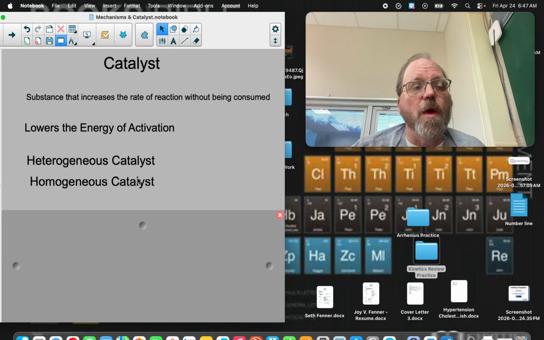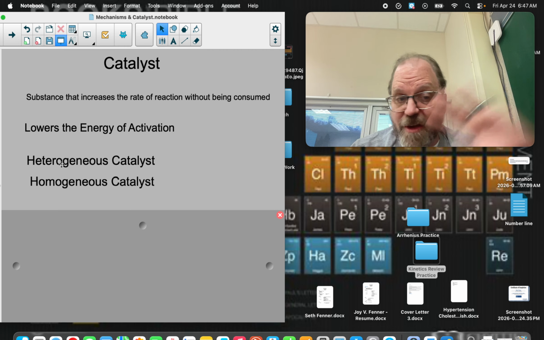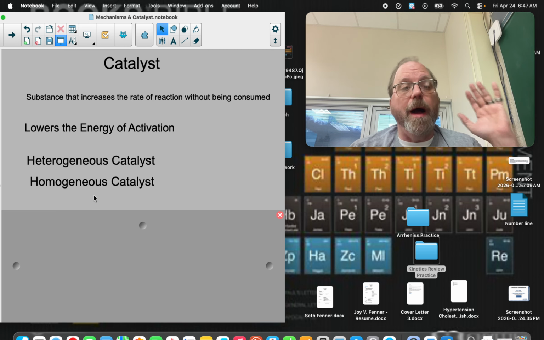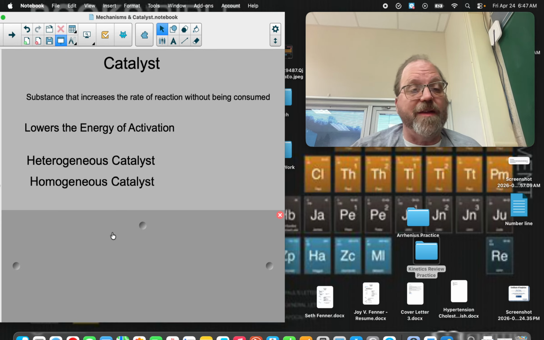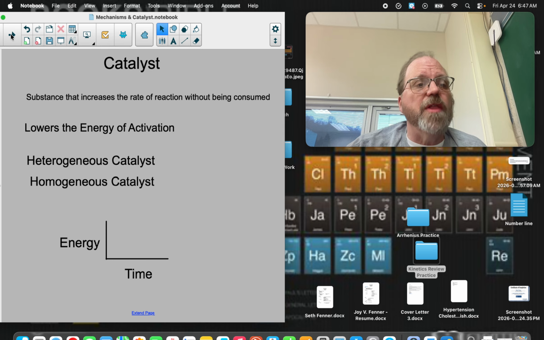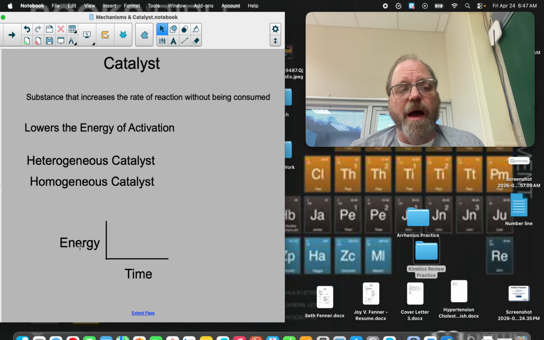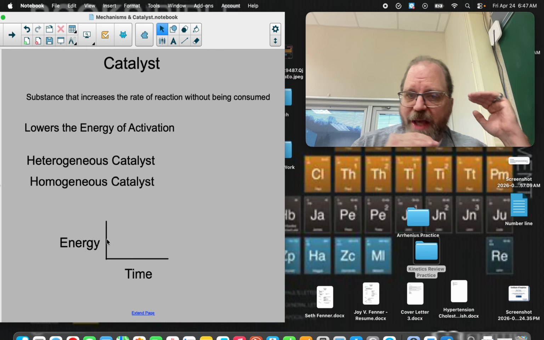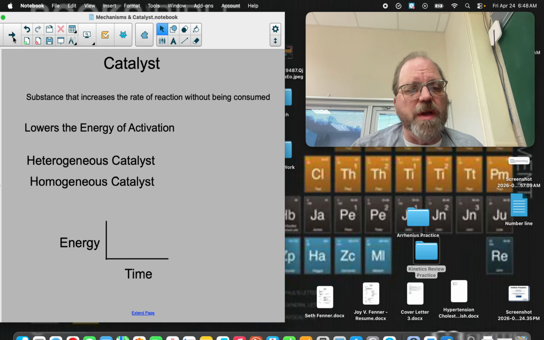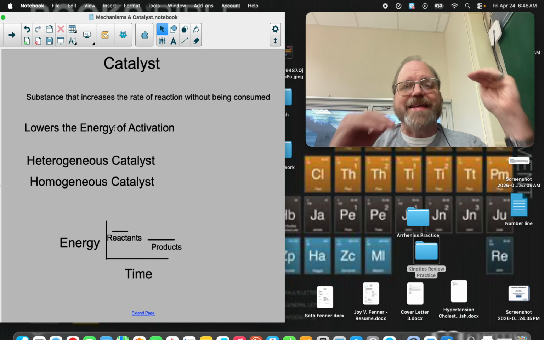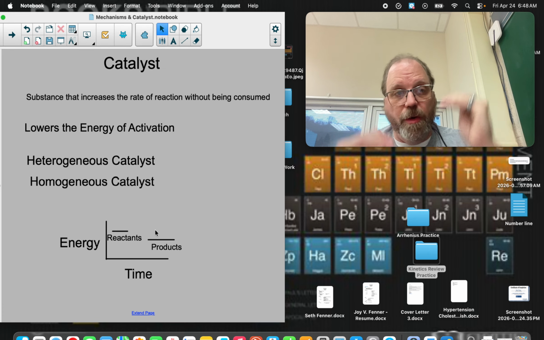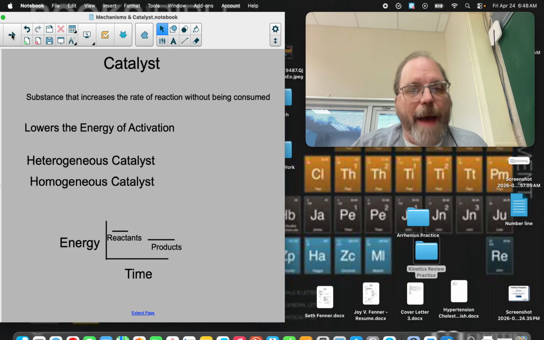There are two types: heterogeneous and homogeneous catalysts, meaning opposite phases or the same phase as the reactants. They do this through a process of energy. Now, when we take reactants, almost always the energy state of the reactant is higher than the energy state of the product. But the reaction doesn't just happen on its own.